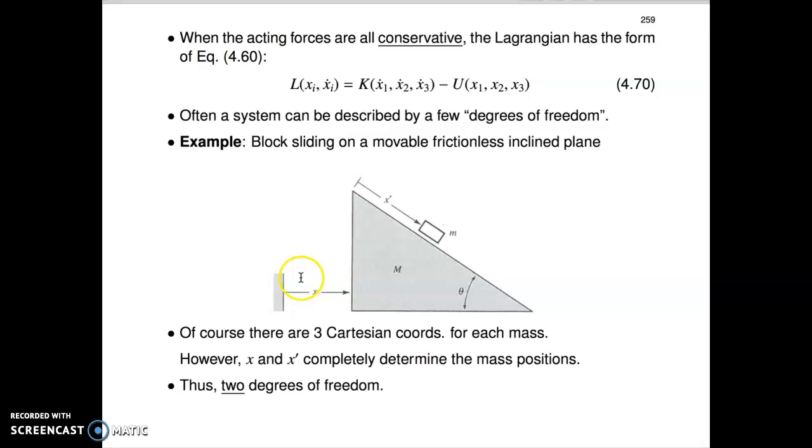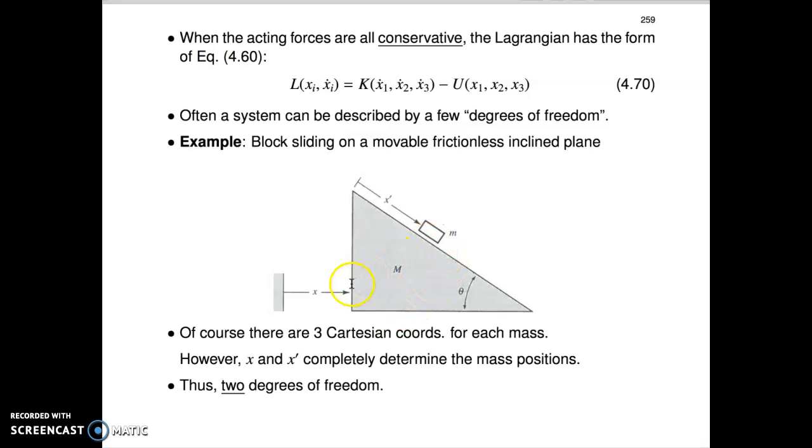It will probably move backwards, and we're trying to determine what the motion is going to be for each of these two masses. So we have just two variables, x and x prime, which define all the position coordinates that matter.